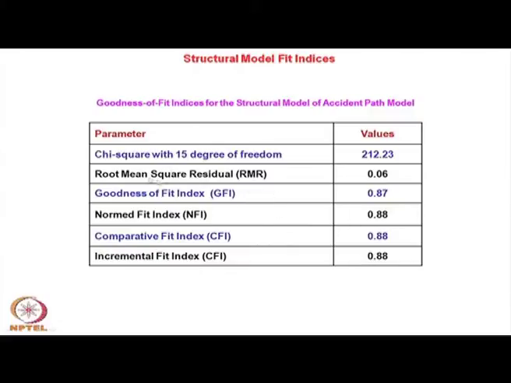So, here ultimately there are several structural fit measures. Chi-square with 15 degrees of freedom, this value should be as small as possible. Root mean square is 0.06, this should be less than or equal to 0.05. Goodness of fit index is 0.87, 0.9 or more is better, meaning adequate. Normed fit index is similar, and these are almost 0.9. So, we can say the structural model is fitting the data.